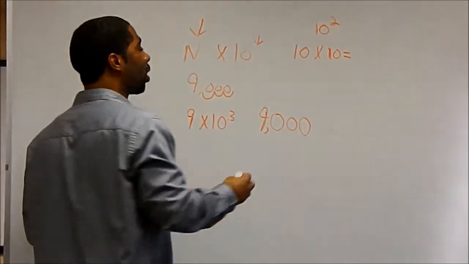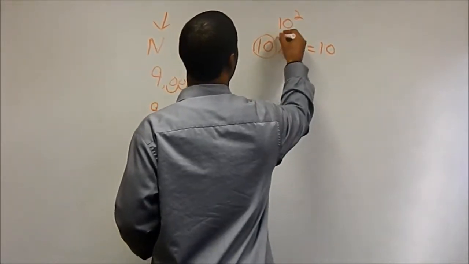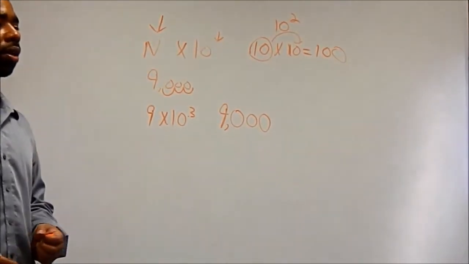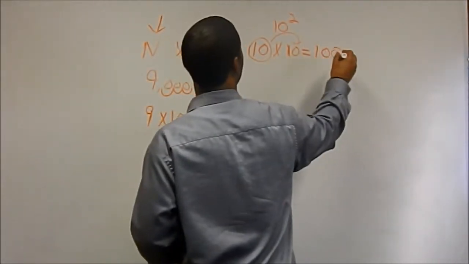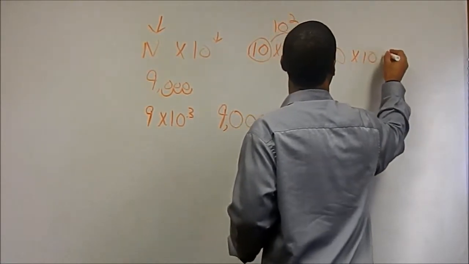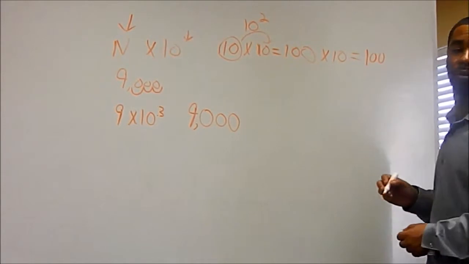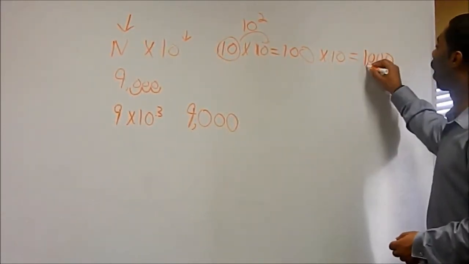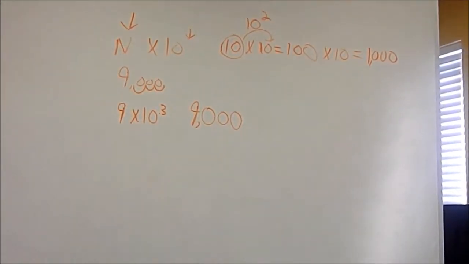And in order to write that, you would just write 10, and then add this 0, and you would get 100, right? If we wanted to do 10 to the third power, it would be 10 times 10 times 10. And you would rewrite 100, right? And then add this 0. And that would make it 1,000. Does that make sense? Okay.